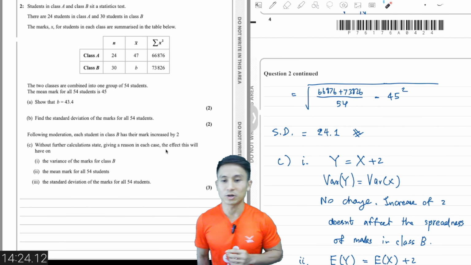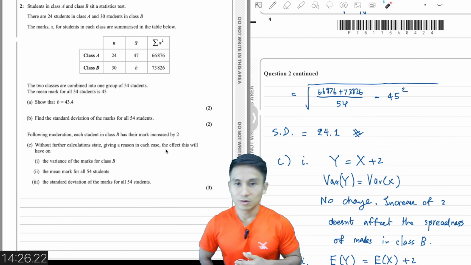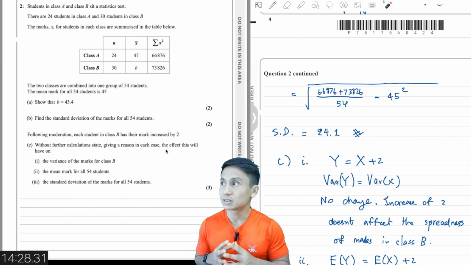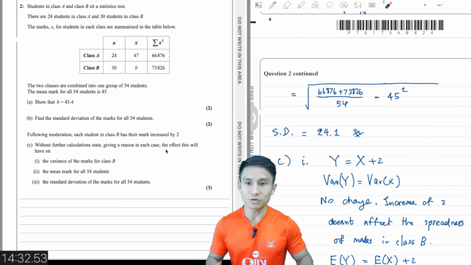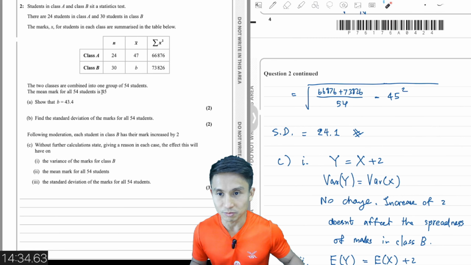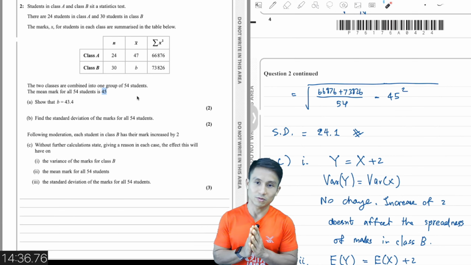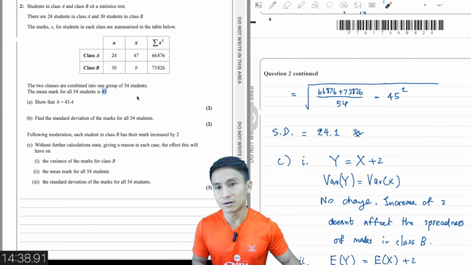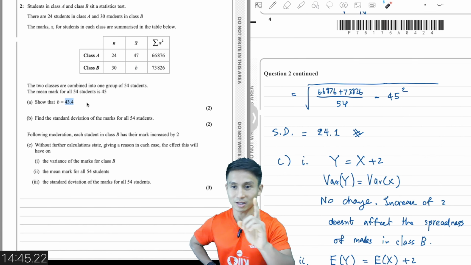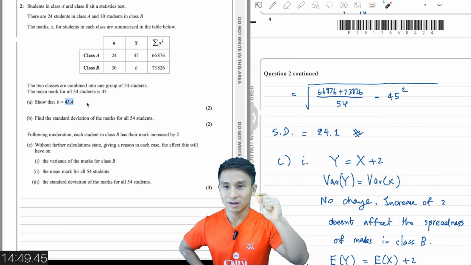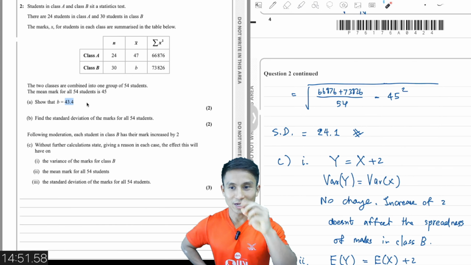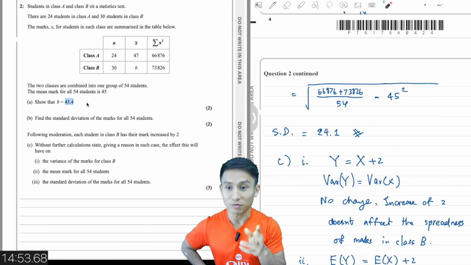Now, how does it change? Let's look at the mean. So the mean value of the two groups combined is 45, okay? And the mean of B was 43, okay? Now, if you increase every mark in group B by 2, that's going to push the mean to 45.4, right?